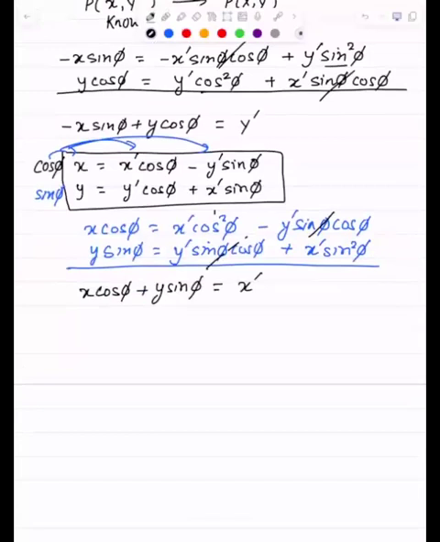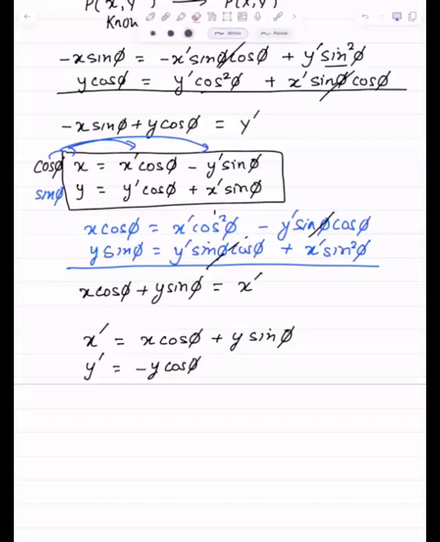So we have the second set of equations: x prime is x cosine phi plus y sine phi, and y prime is, nope, sorry, it is negative x sine phi plus y cosine phi.